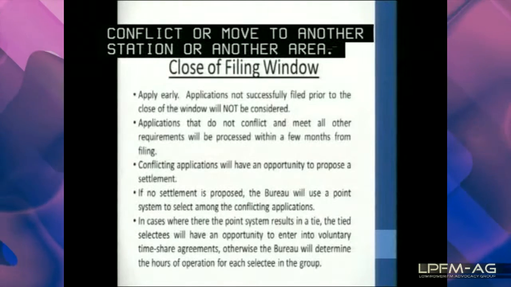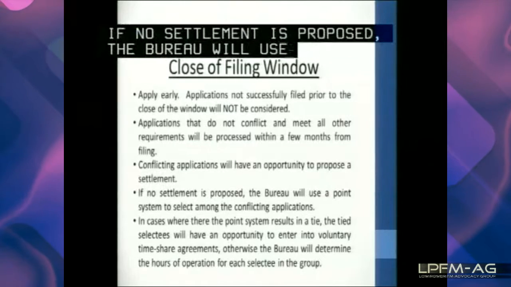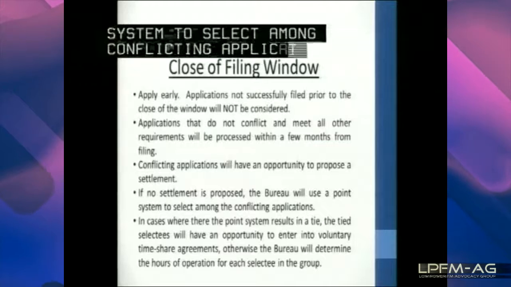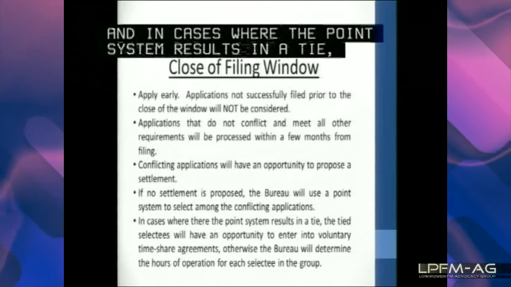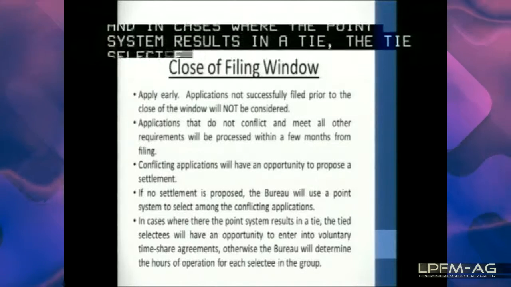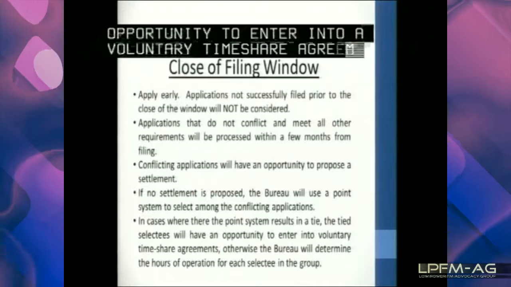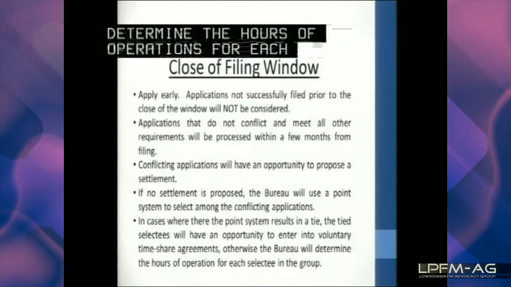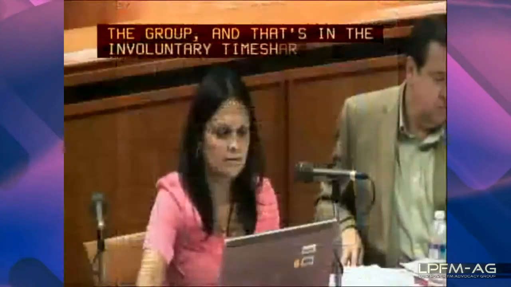If no settlement is proposed, the Bureau will use the point system to select among conflicting applications. And in cases where the point system results in a tie, the tied selectees will have an opportunity to first enter into a voluntary timeshare agreement. Otherwise, the Bureau itself will determine the hours of operation for each selectee in the group, and that's the involuntary timeshare agreement. So at this point, we'll take as many questions as we can.